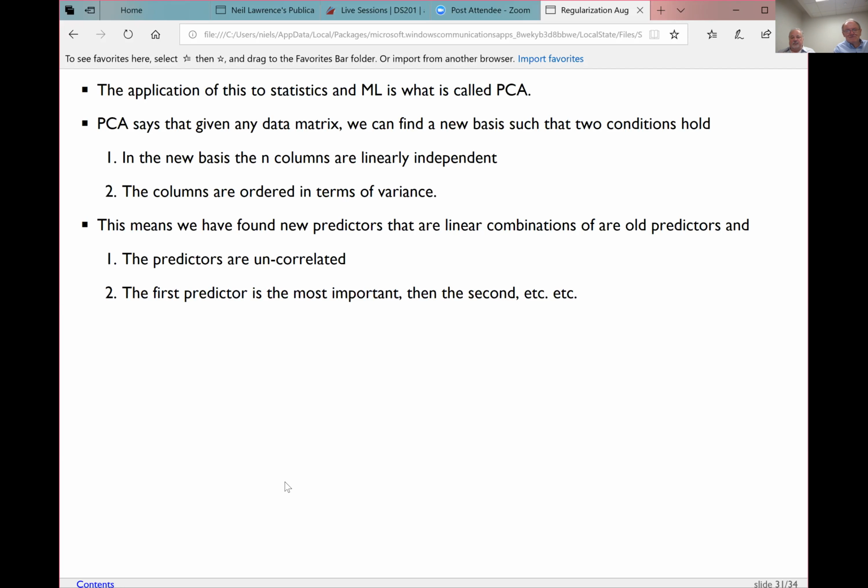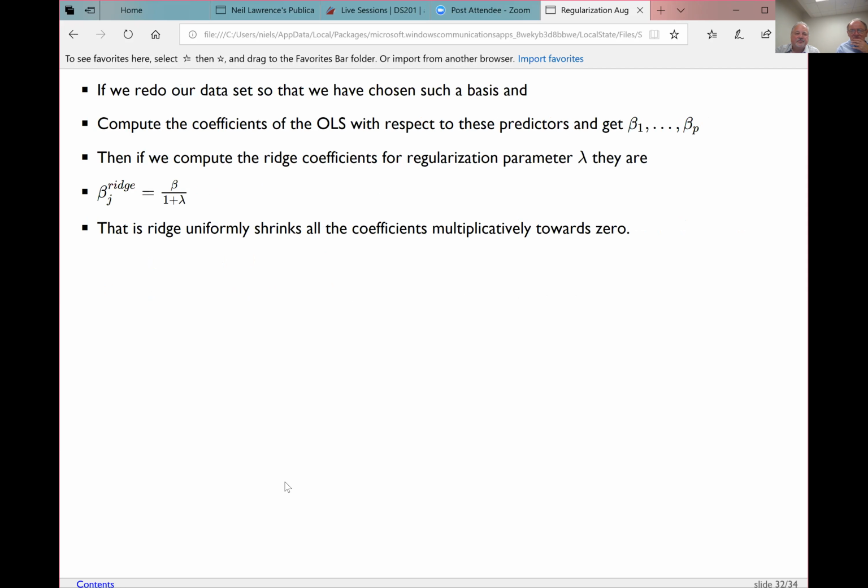And you can understand which ones have the most variance. So that's what PCA is. It's finding a very good basis for your set of predictors. Now, going from largest to smallest isn't per se that important, but it gives you a way to standardize the actual matrix you get.